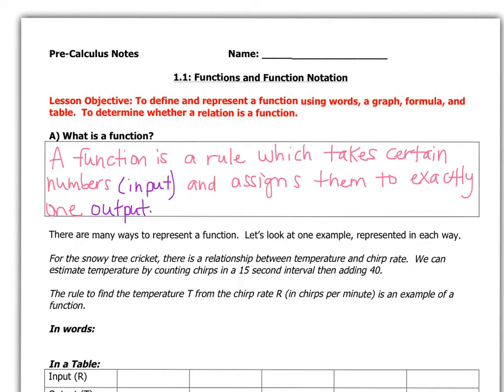How you all are used to seeing these input and output for functions is like x and y. Typically your input has been your x value, your output is your y value. So think about what you've done in previous math classes. If we evaluate an expression or a function, that typically meant that we put in a number for x, and then we simplified, and then we ended up with a number for y.